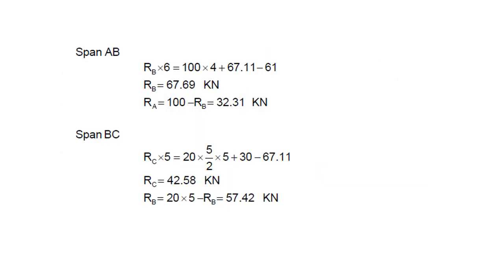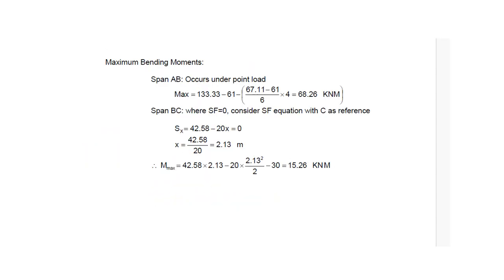This is the step for finding RA and RB. With these values, the shear force diagram is plotted, and we can also obtain the maximum bending moment. You can find where the bending moment crosses 0, that is the point of contraflexure, and by equating shear force to 0, you can find the point, and the corresponding bending moment is also obtained at the point where the shear force is 0.